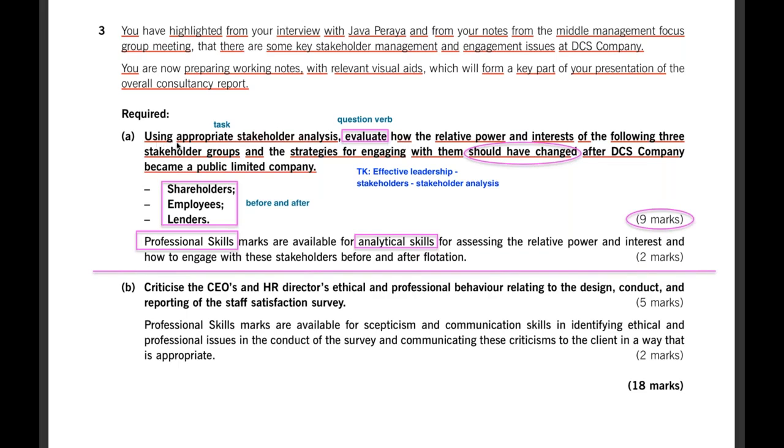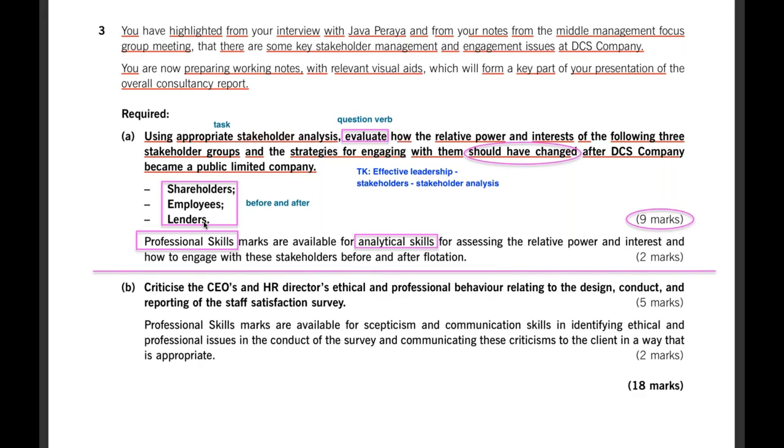So using this particular stakeholder analysis, you're supposed to be evaluating the relative power and interest. This is one element, one section, of the following three stakeholder groups. These three: shareholders, employees, and lenders.